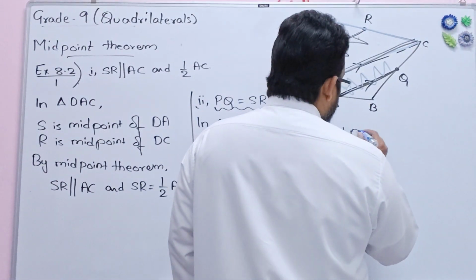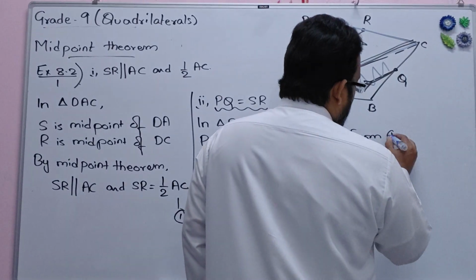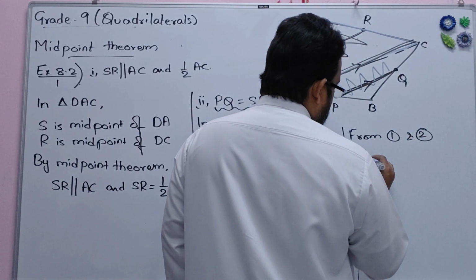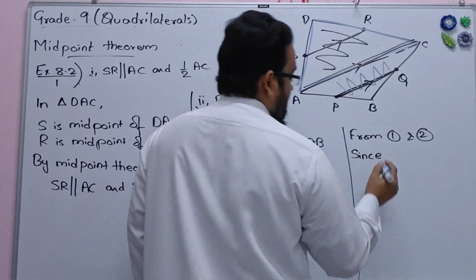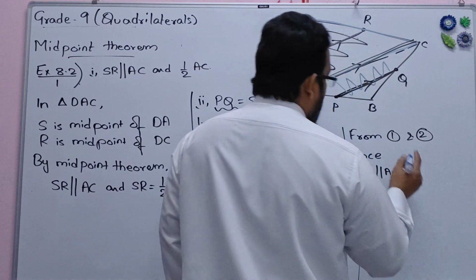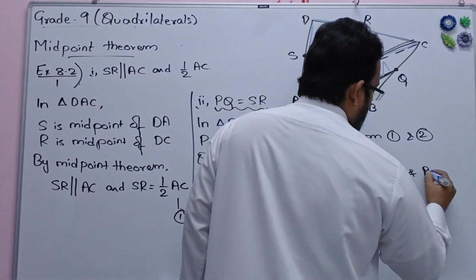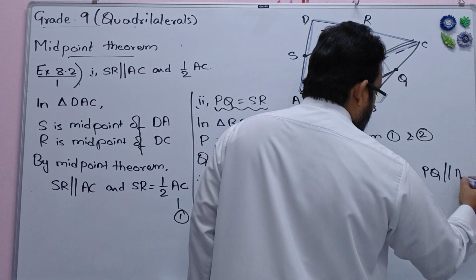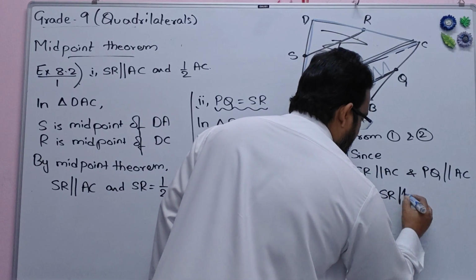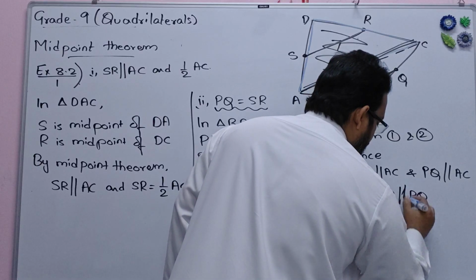So from 1 and 2, since SR is parallel to AC and PQ is parallel to AC, that implies SR is parallel to PQ.